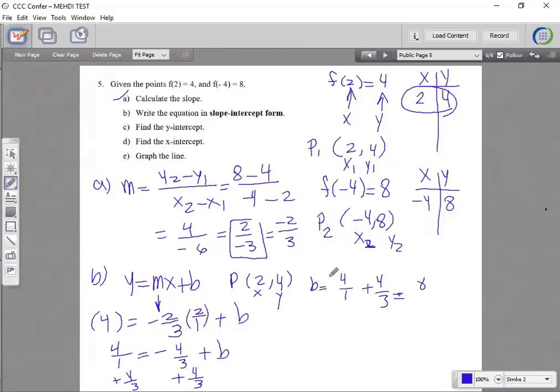So you need to multiply this by 3 over 3 first. It would be 12 plus 4, all over 3. So that really is 16 over 3.